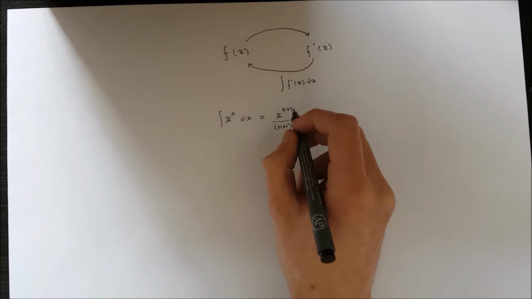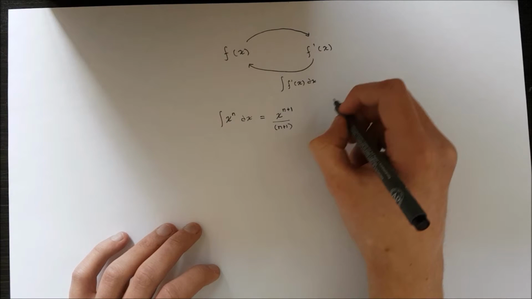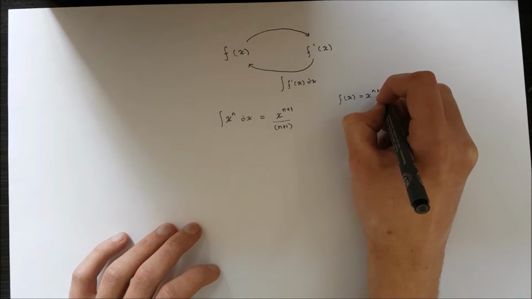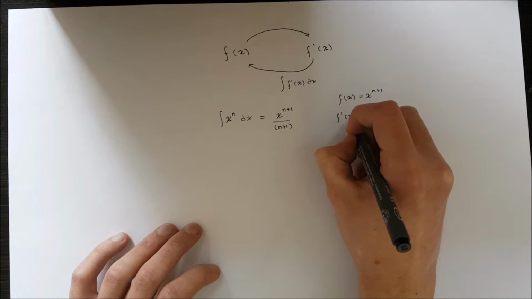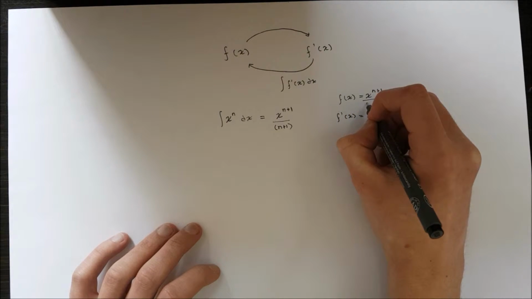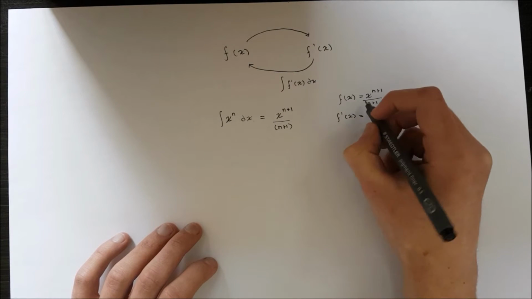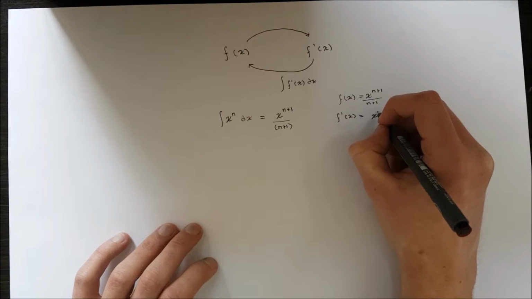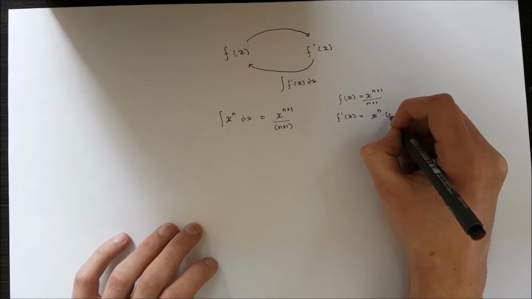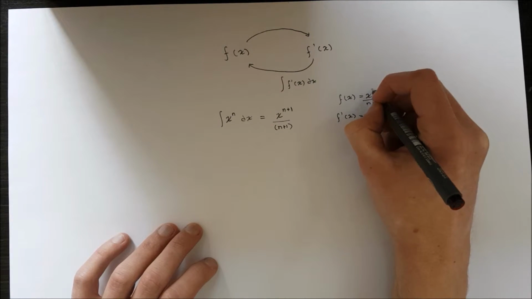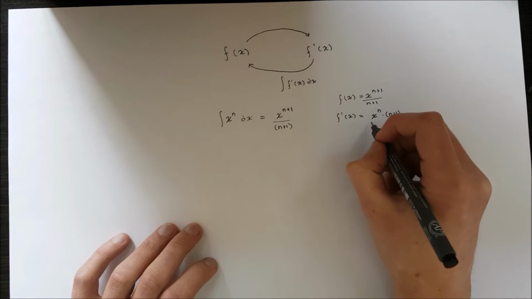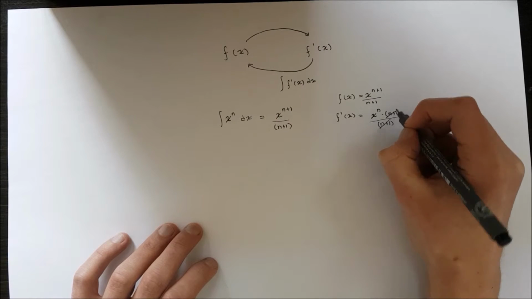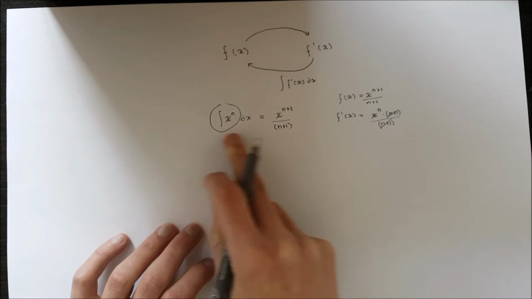Because now if we took the derivative of this, if our function is x to the power of n plus 1 over n plus 1, and we find the derivative, the exponent is going to go down 1. So it's going to be x to the n times n plus 1, because the exponent always gets multiplied by the x value, but the n plus 1 is still down there, which is going to cancel this, and it's going to give us what we wanted, x to the power of n.